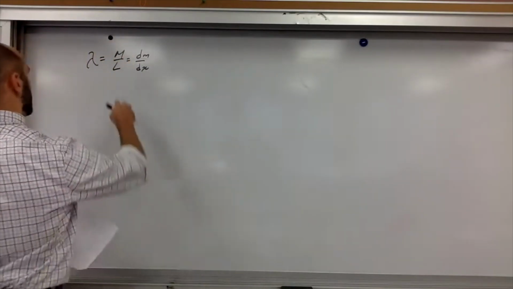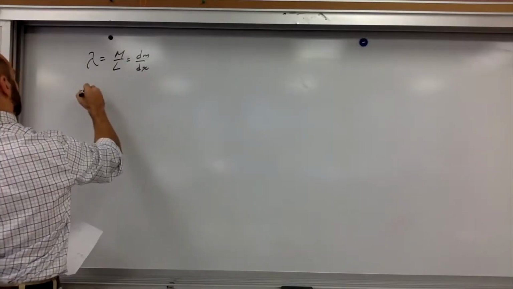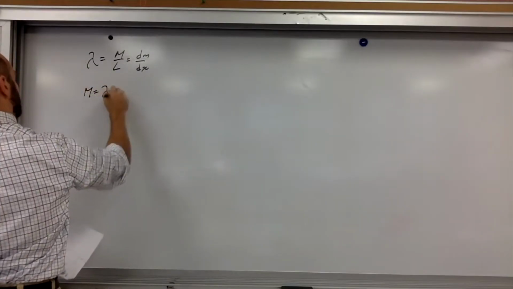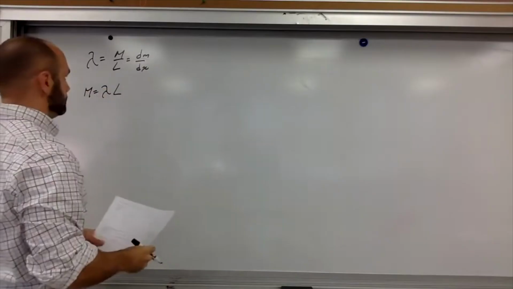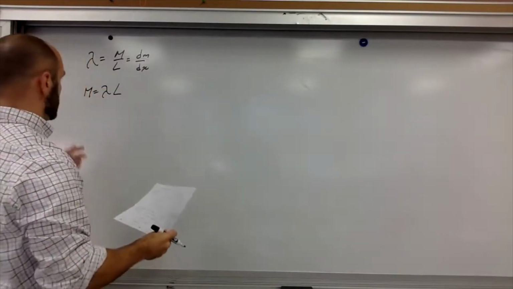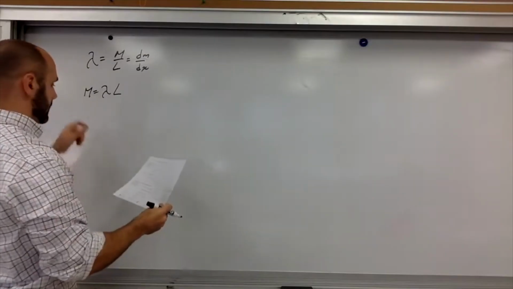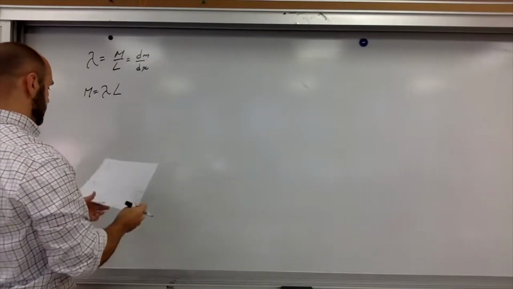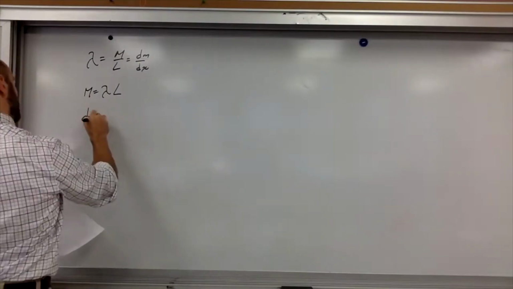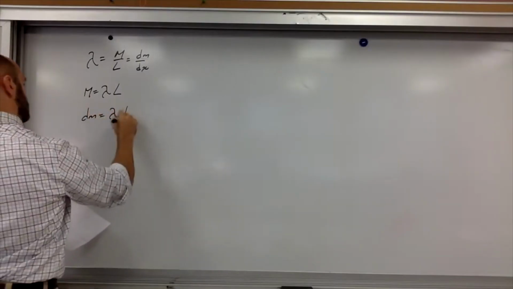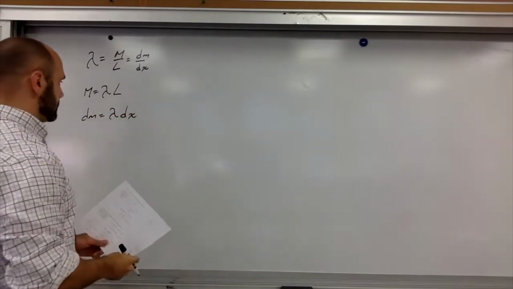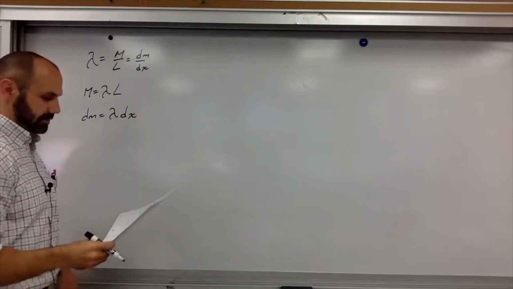Now, if I solve this, I end up with the mass equals lambda times L. And because each piece of the length has the same amount of mass per length, I know that dm is equal to lambda dx.